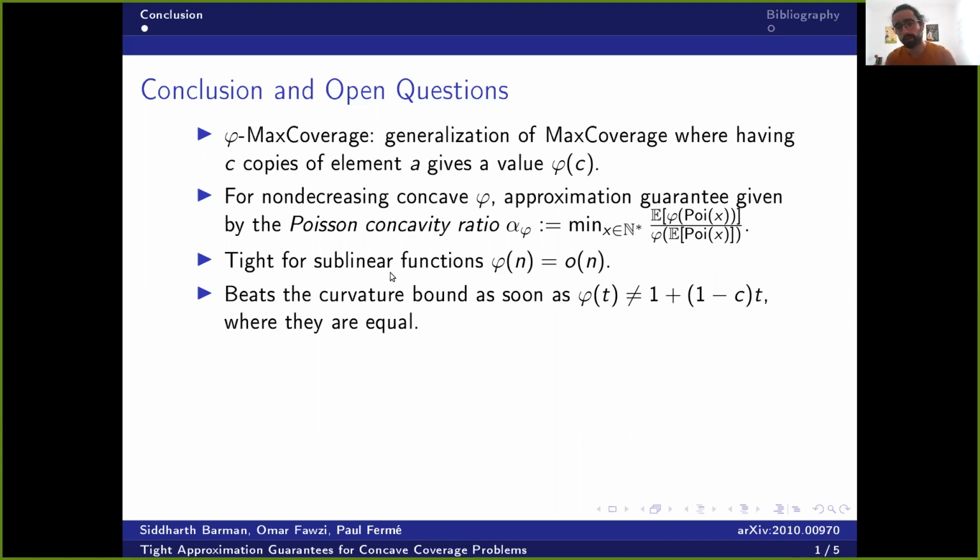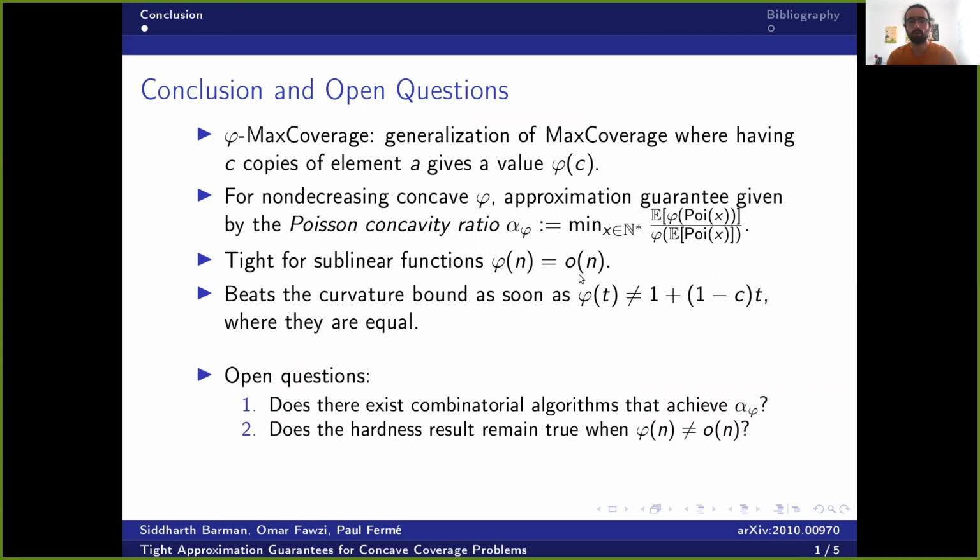And we've shown also that this is tight for some functions, like phi of n equals min of n. And this beats the generic algorithm, the best known, as soon as phi is not linear from 1. And in this case, they are in fact equal.